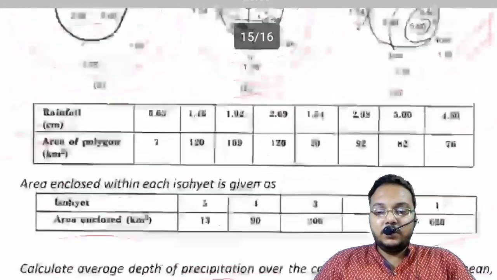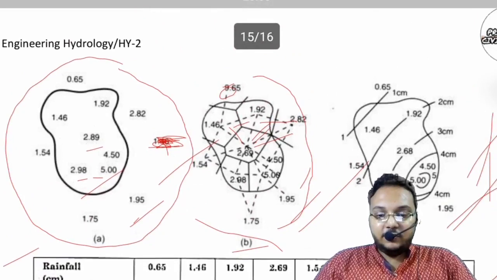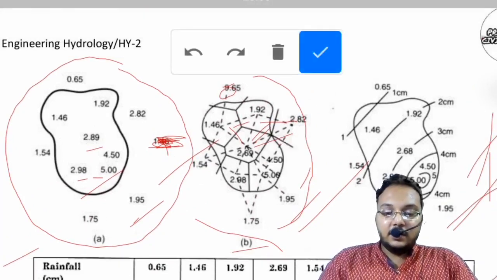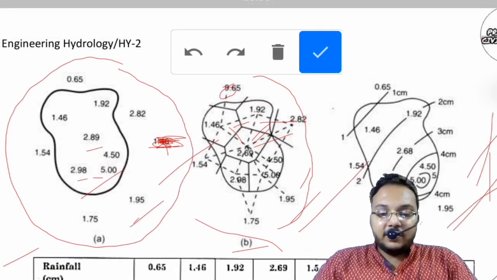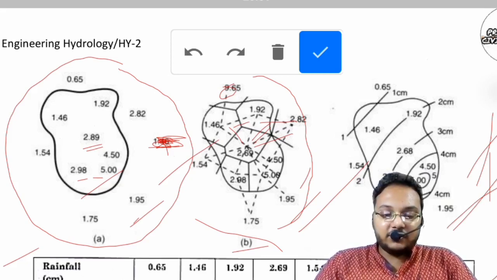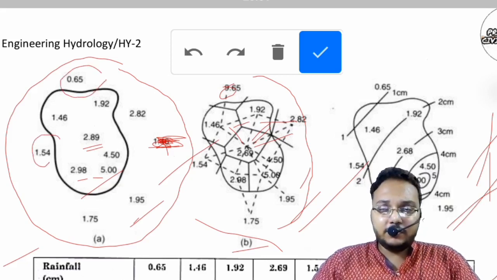Now just note one thing, that in this particular figure, of course the stations which are inside the catchment will be considered, but the stations which are outside the catchment, you can see that 1.54 is very close, 0.65 is also very close, right?